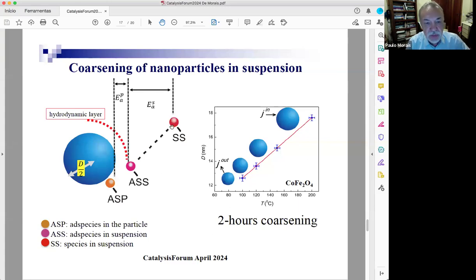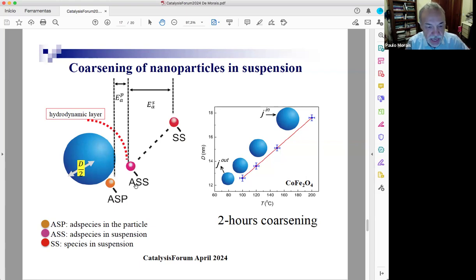We can distinguish at least three important species here. The ASP is the added species in the particle, the species which is really close to the nanoparticle surface. And then we can also spot the ASS, which is the added species in suspension.